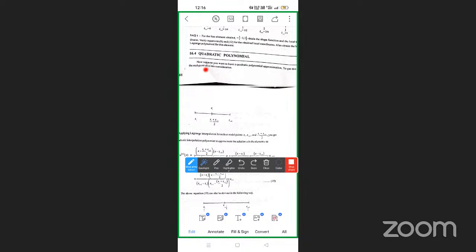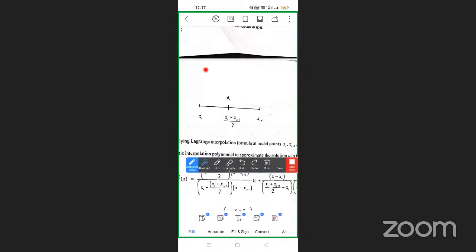For example, the same previous xi comma xi plus 1. So the midpoint is nothing but xi plus 1 divided by 2 in the quadratic polynomial. So that is the diagram. So this is xi plus 1 is nothing but the midpoint, xi plus 1 divided by 2.